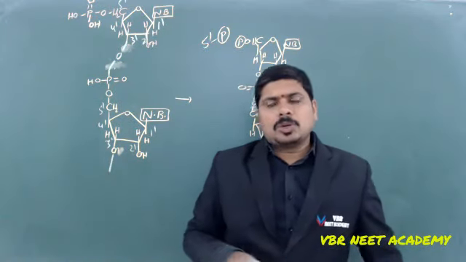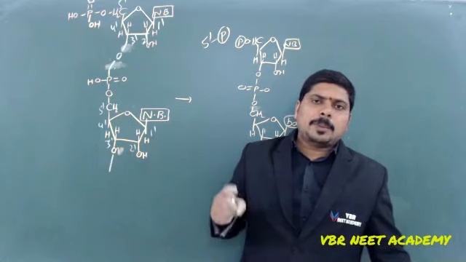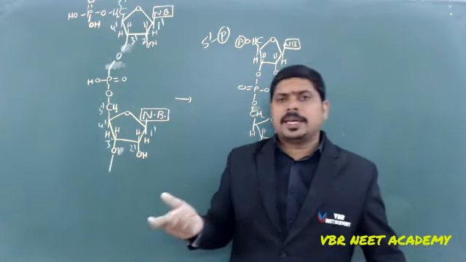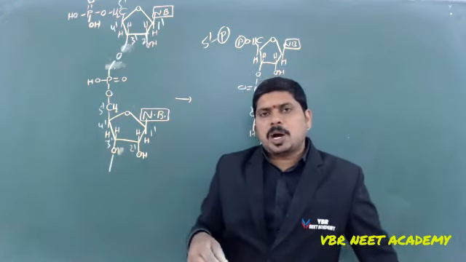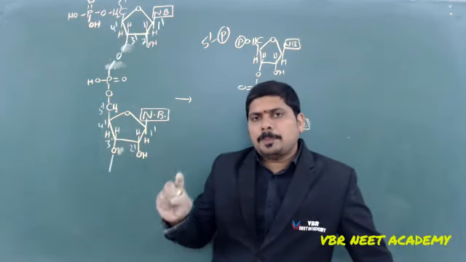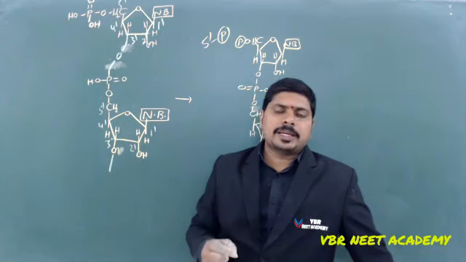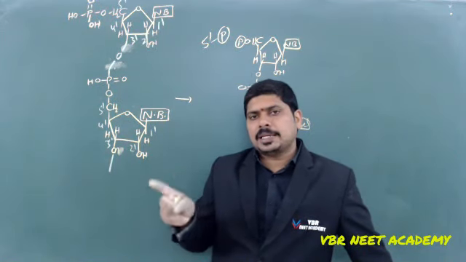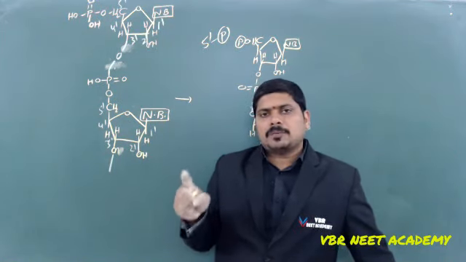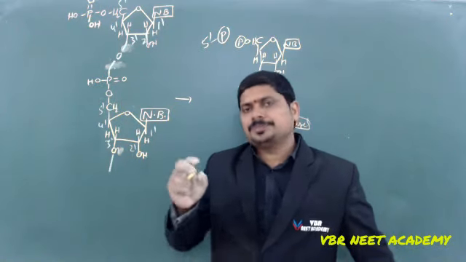The formed nucleotides undergo polymerization, self-linking, with the bond called the 3', 5' phosphodiester bond. That is how we get the backbone for your DNA or RNA strand: the 3', 5' phosphodiester bond.